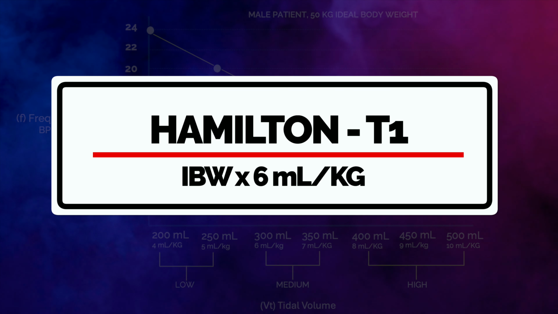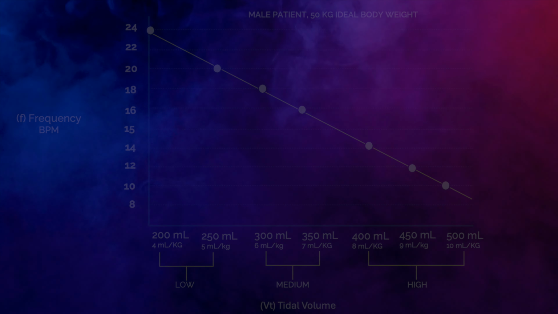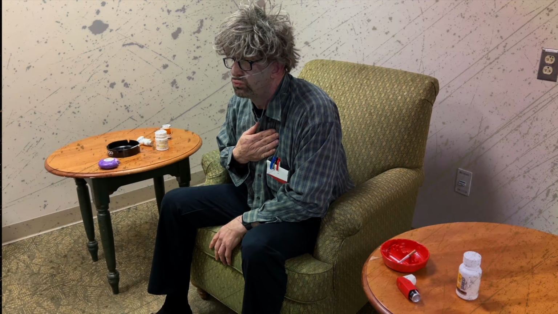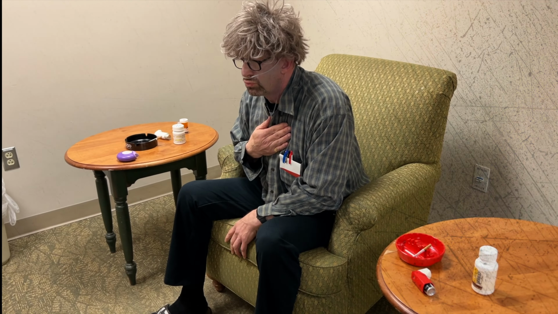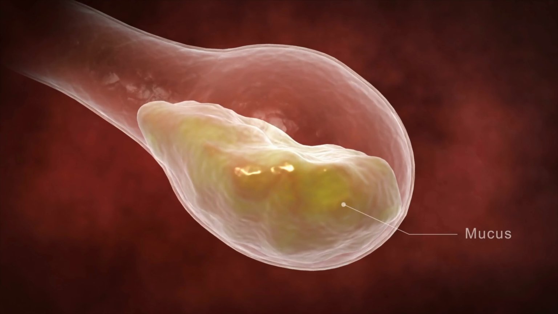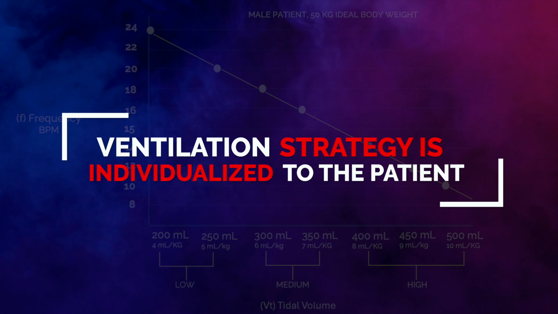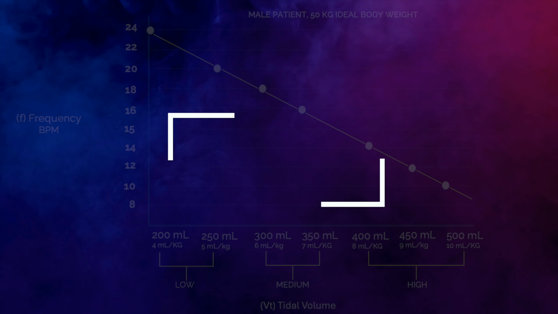By default, the T1 calculates tidal volume using the median volume of 6 milliliters per kilogram. Patients require mechanical ventilation, but with varying strategies based on their illness, injury, and physiological condition. Therefore, ventilation frequency, tidal volume, and other factors are individualized to the patient.